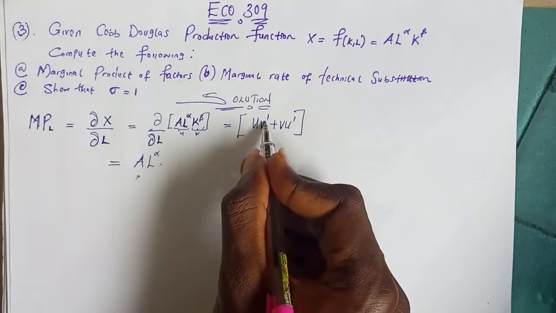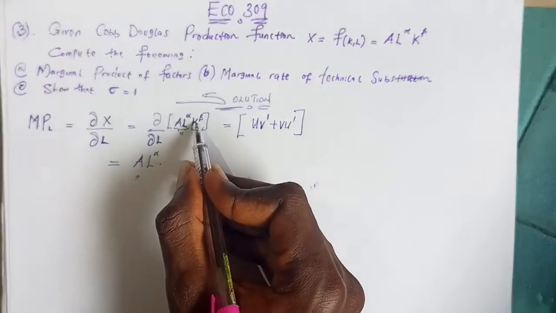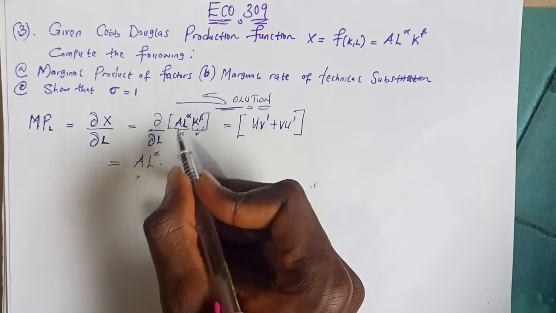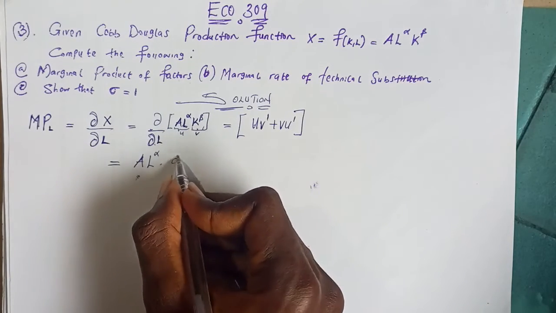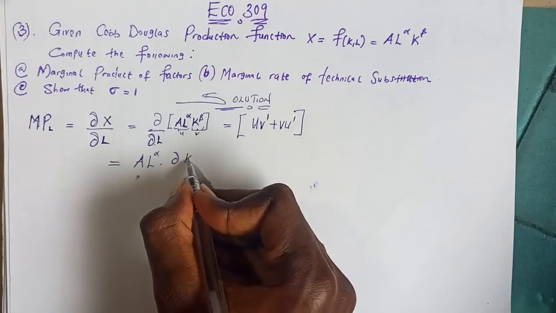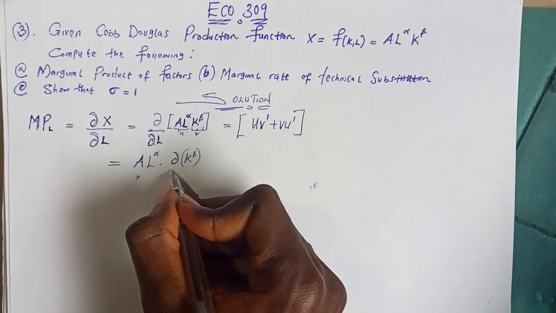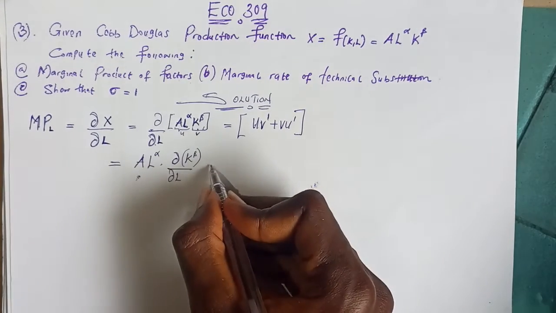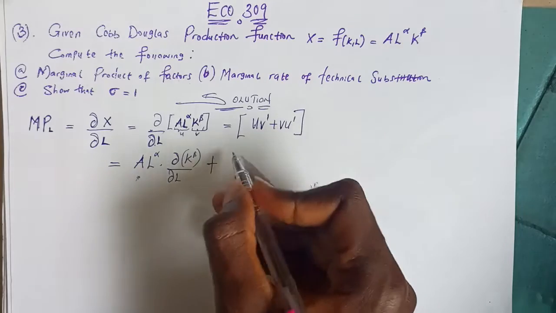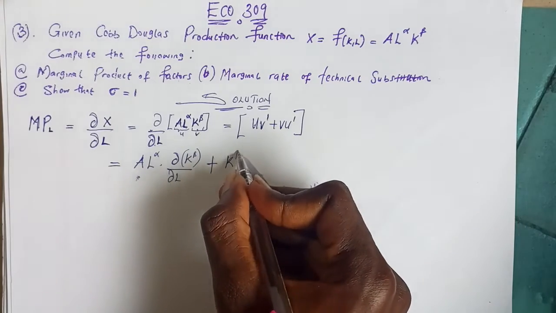Then v prime means we need to differentiate K raised to the power of beta partially with respect to L. Plus, what is v? v itself is K raised to the power of beta.